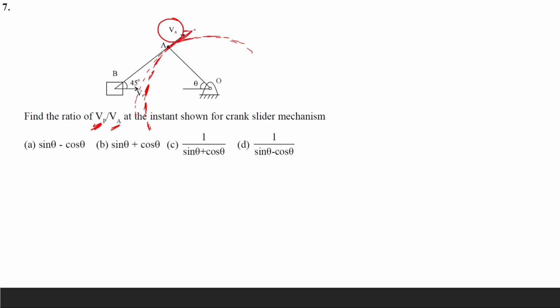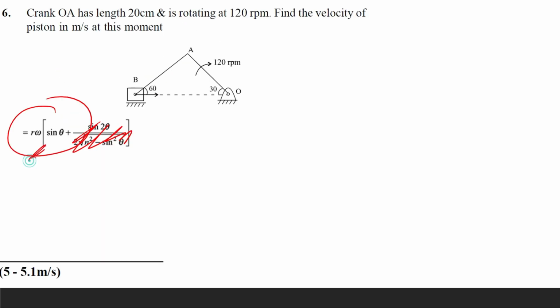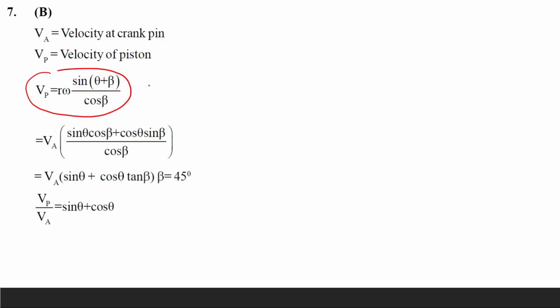So this is the tangential velocity of the crank. So we have to find its relation, and it is a very easy process. First of all you have to remember this formula of the velocity of piston. One formula I told you already. Okay, and this formula is the second formula for velocity calculation. Okay, so if n is not given but theta and beta are given, then you can calculate from here.